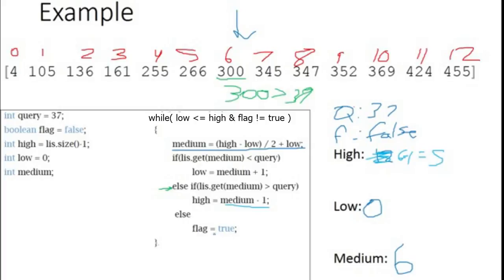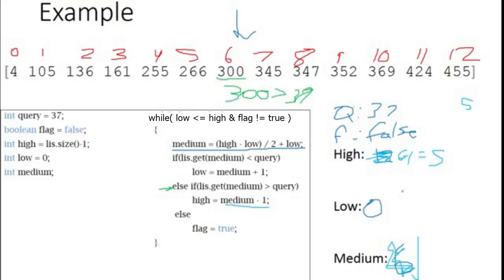It's not there yet, so we're not going to worry about that. So we're going to go back up to the top, and if low is less than or equal to high, which it is, 0 is less than or equal to 5, we're going to go ahead and change our medium again. So now, medium is going to equal 5. High, oh, yeah, actually, sorry, I said I would explain that now.